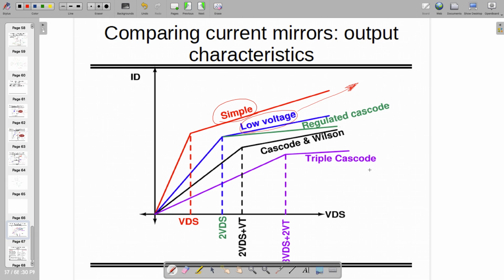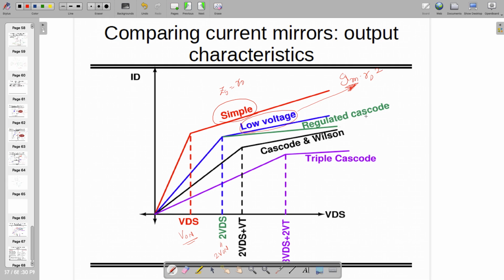So of course the simple one has impedance of RO, and V minimum as VDS set, or maybe you can call it V on, whatever you like. For the case of low voltage, we have achieved 2 V on, and the impedance was GM times RO square.